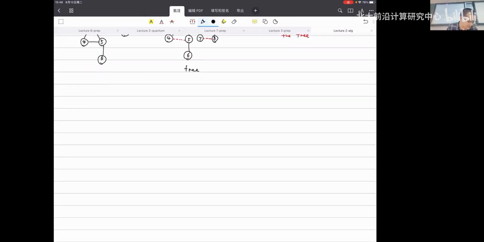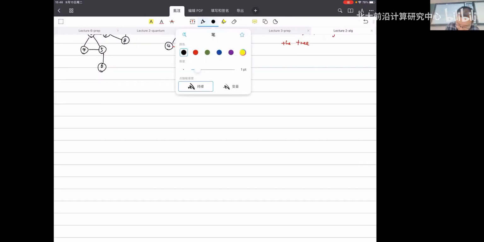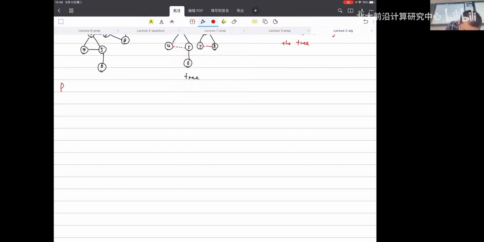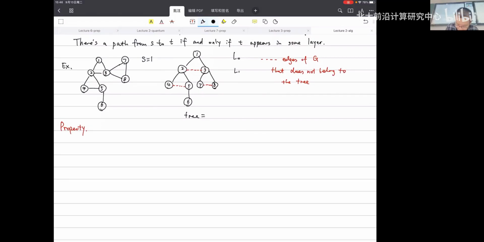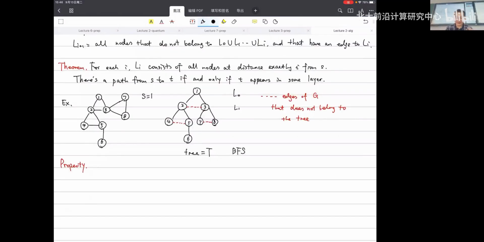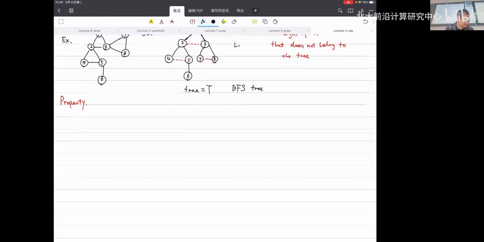So we are going to get a better understanding of this kind of tree, and let's first discuss a property that we are going to use in the discussion. I should probably mention that this tree T is called, because we are talking about breadth first search, and you can see the intuition that at each vertex we try all of the neighbors, and we do this again and again. In general, this is called a BFS tree.